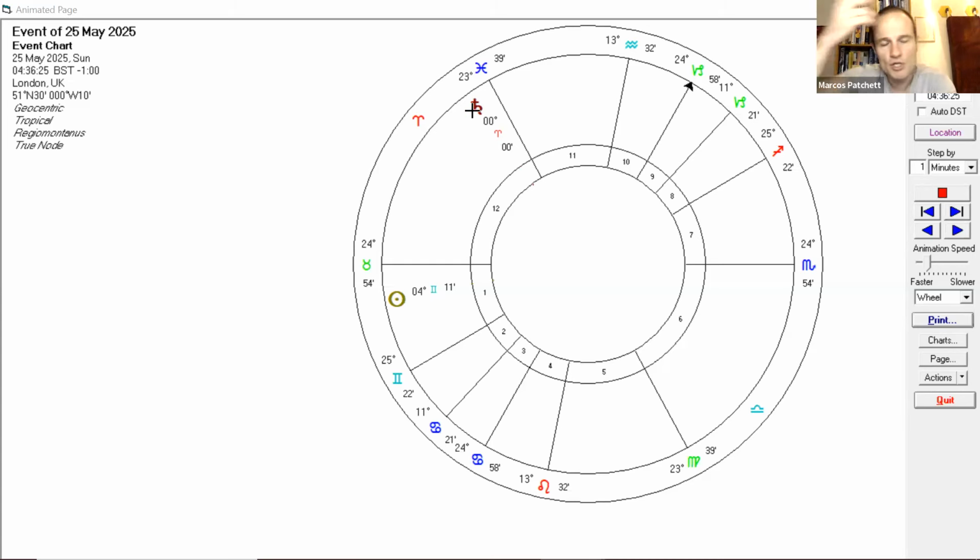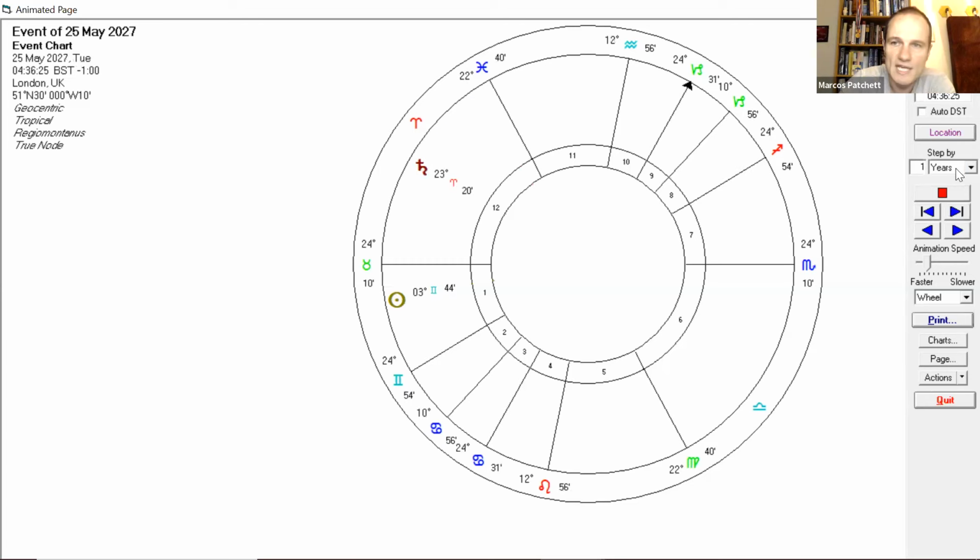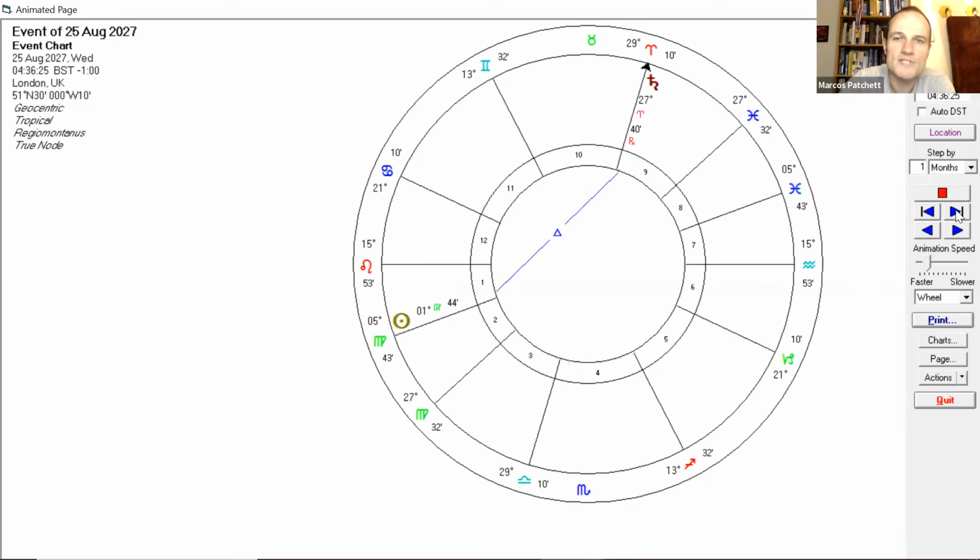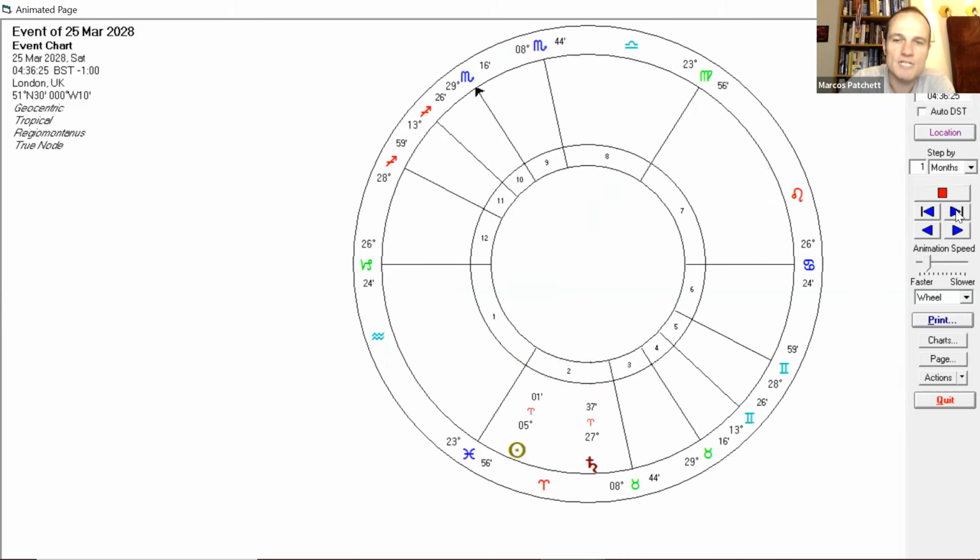So for anyone who is an Aries, at some point between the 25th of May 2025, and if I dial this forward one year, two years, and a few more months, Saturn's going retrograde again.